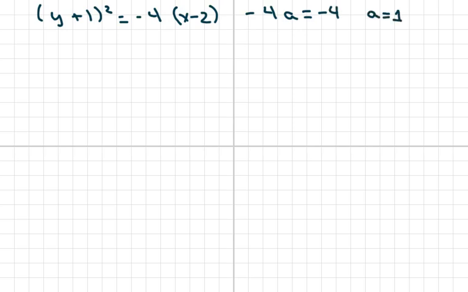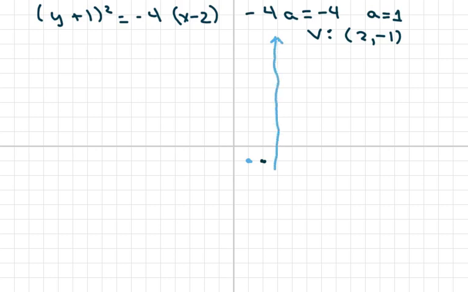I also know that this opens to the left. So my vertex was 2, comma, negative 1. So I'm going to go 2 to negative 1. I know it opens to the left. So that means I'm adding my a part here. That's your focus.